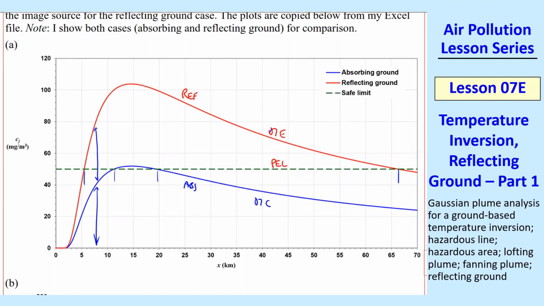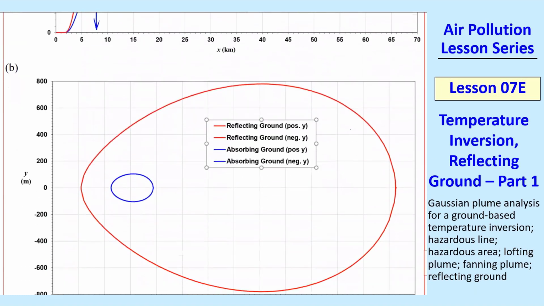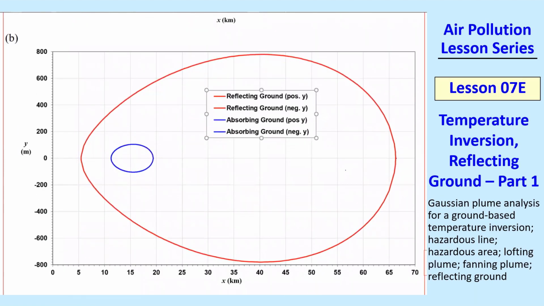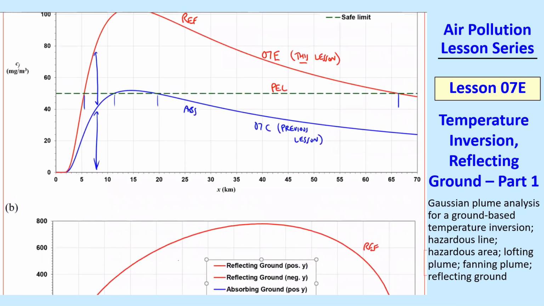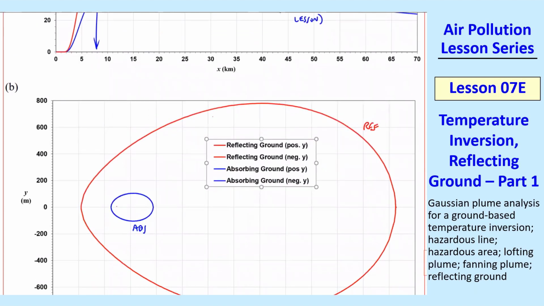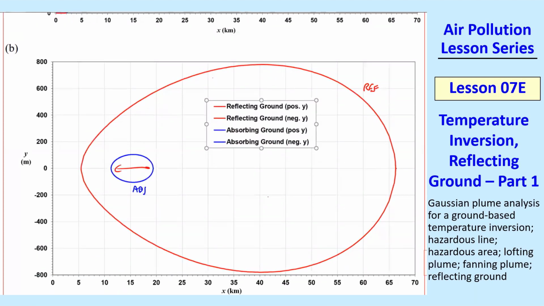So that's part A. And then for part B, I plotted the hazardous area. And again, I compared the plain absorbing ground case to the reflecting ground case. I put these right on top of each other at the same x locations. So our hazardous region for the absorbing case was very small, whereas here, I like to call these eggs, we have a huge egg for the reflecting ground case compared to the absorbing ground case.